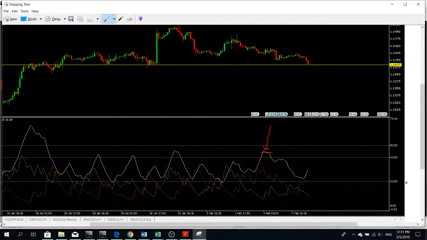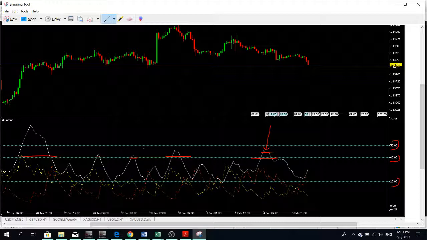As I told you, we have three levels: 20, 40, and 50. If the ADX line is above 20, it means we have a weak trend. When it comes above 40, like here, here, here, and here, it means we have a strong trend, much more powerful.